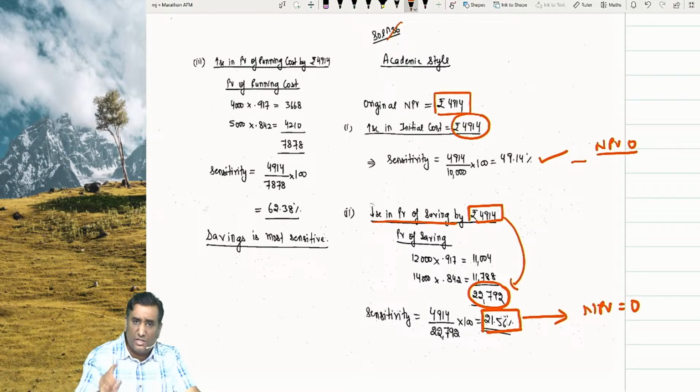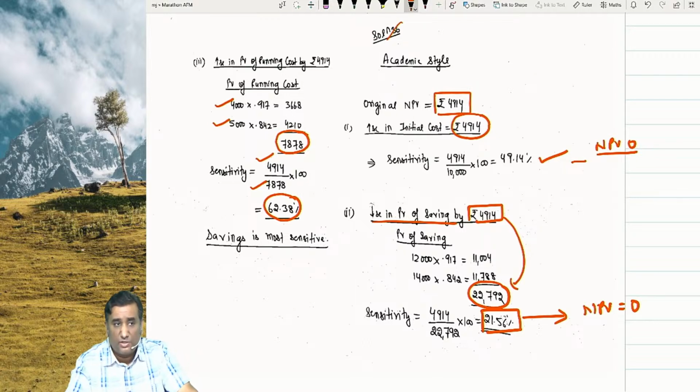Third is recurring cost. Recurring cost I have 4,000, 5,000, in present value terms comes to 7878. That means I change 4914 in 7878, that is 62.38 percent. Then my NPV becomes 0. So you can think which is making NPV 0 faster?